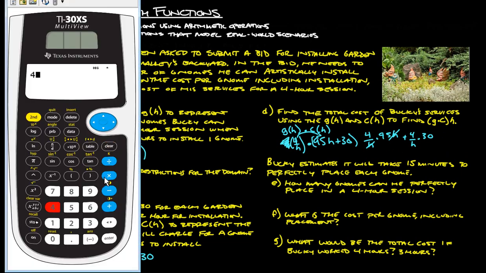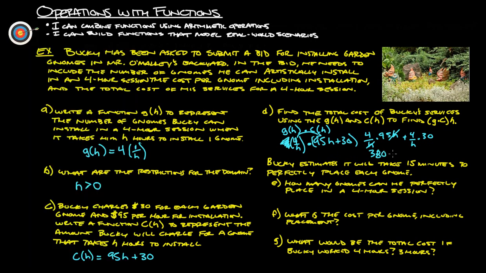We bring up our calculator. 4 times 95 gives 380. So that's 380. Plus, now we have 4 times 30 over H. So that's 120 over H. Okay, and that's going to be our G times C of H. So this is our function. This is going to be our G times C of H.